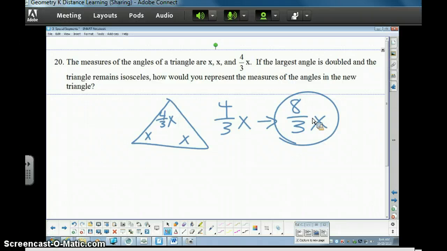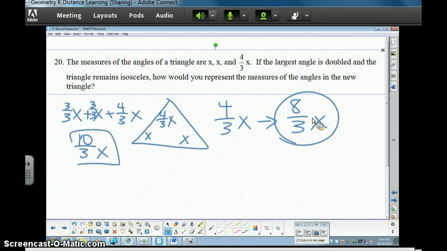Okay, so what did these add up to before? So we've got x plus x plus 4/3 x. So we've got 3/3 plus 3/3 plus 4/3, which is 10/3 x. Okay, that's what it added up to before. Now, we've got 8/3 x, and we need to know what goes with it. Well, we need it to stay isosceles, and we need it to equal 10/3 x.